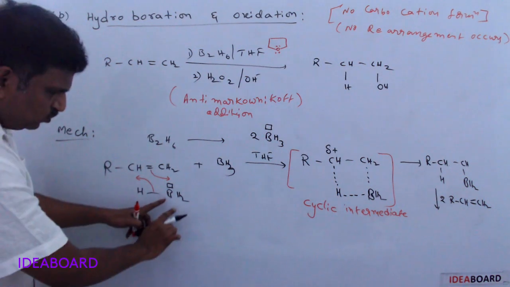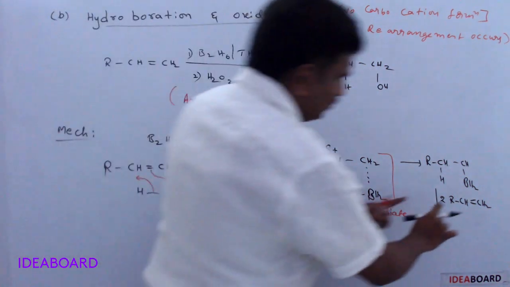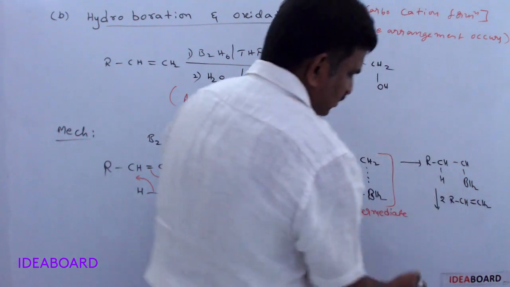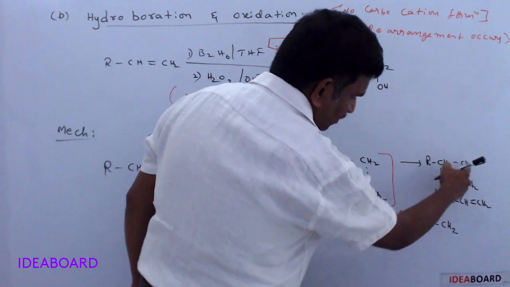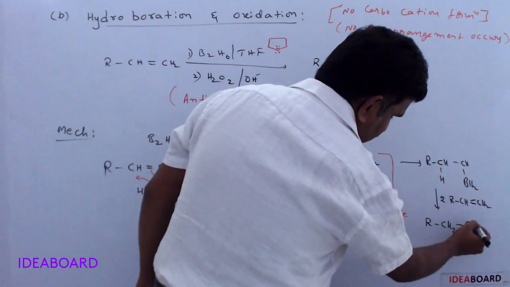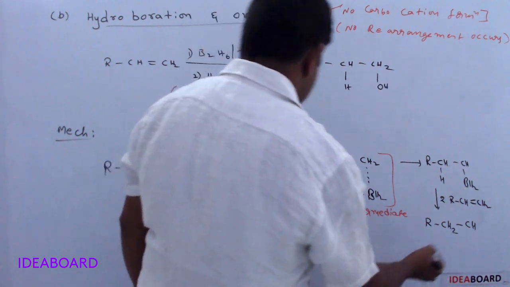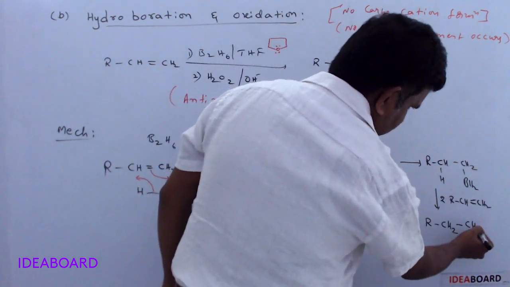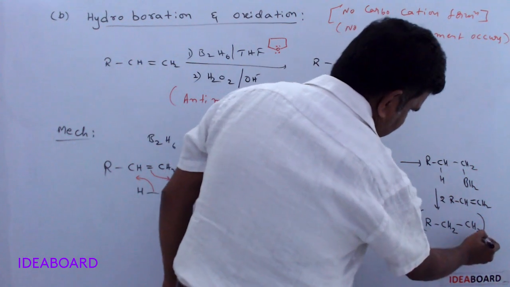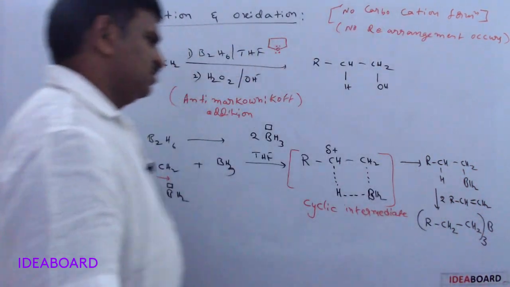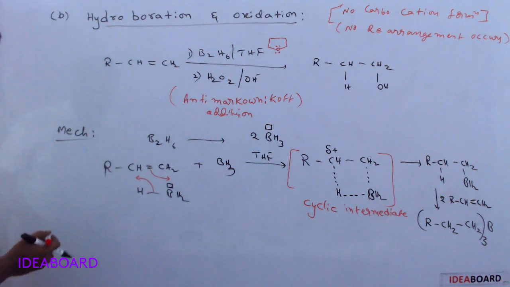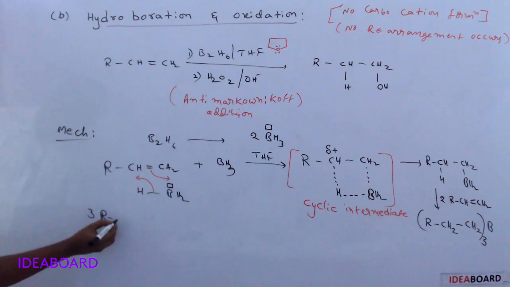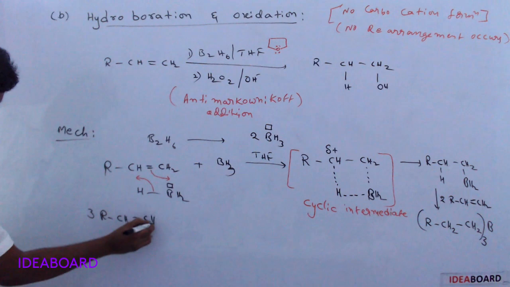There are two more BH bonds, so those two more BH bonds will combine here also. Whenever three molecules are taken, I am just writing, but I will arrange it: 3 RCH double bond CH2.